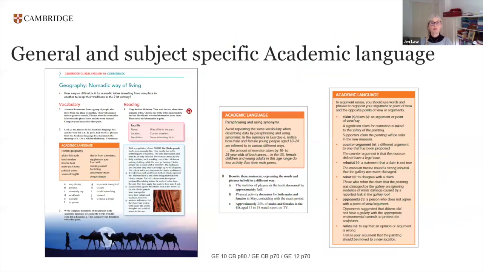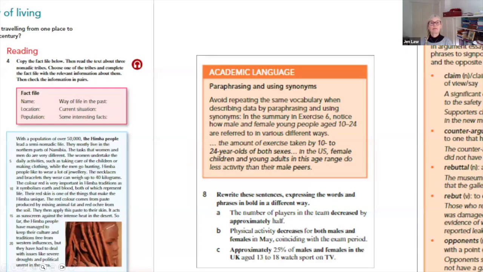And then here we've got another academic language box. Now this one, as you can see, I hope from the title, Paraphrasing and Using Synonyms, is a much more general academic language. And this language can be carried forward into different situations.